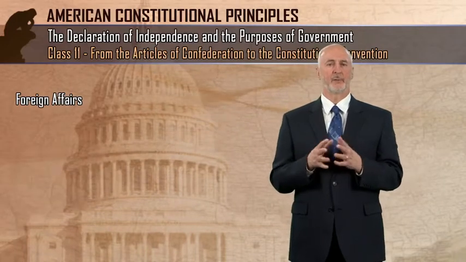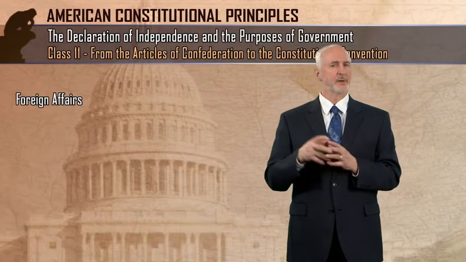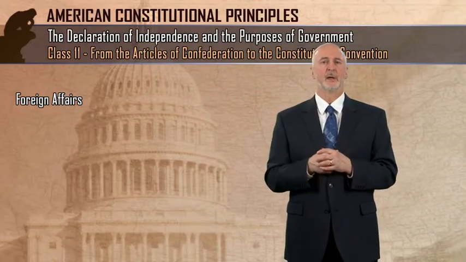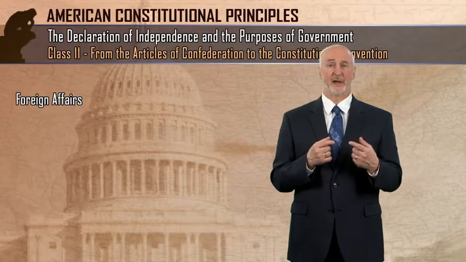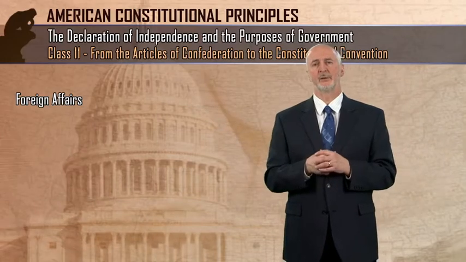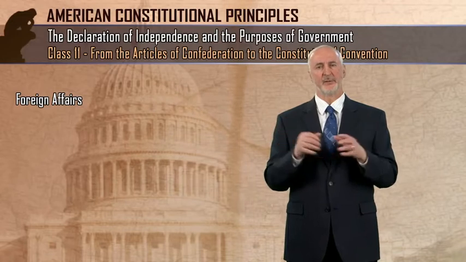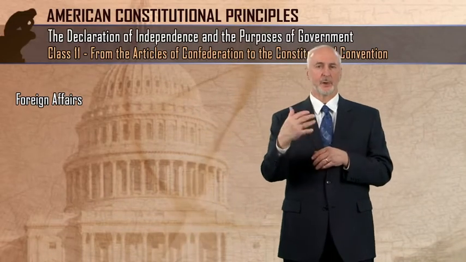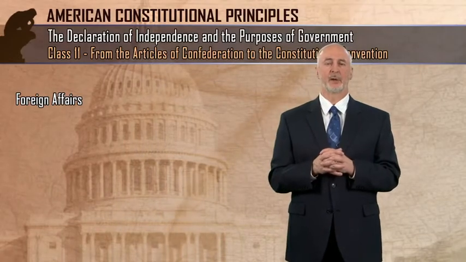In particular, there were questions about the treatment of the Loyalists, especially the people who had fled the country, and the question of the pre-war debts that were owed by Americans to British creditors. The Treaty of Paris had established certain provisions for the repayment of creditors and for the treatment of Loyalist property.